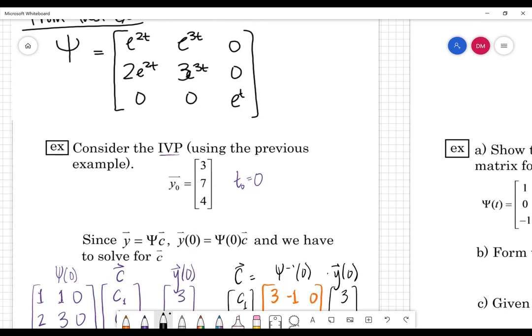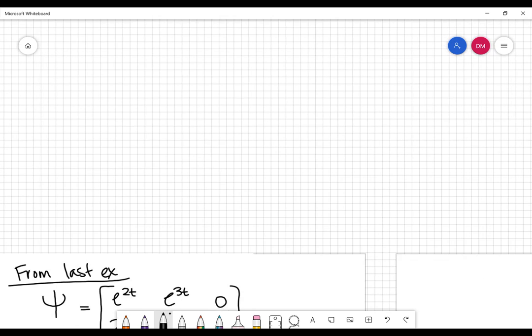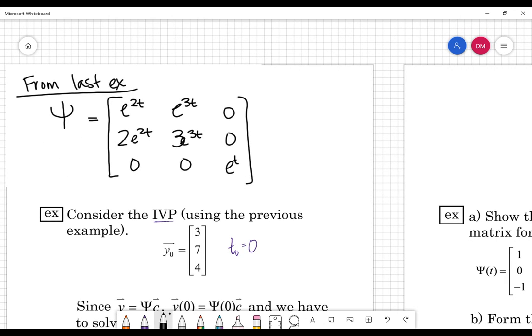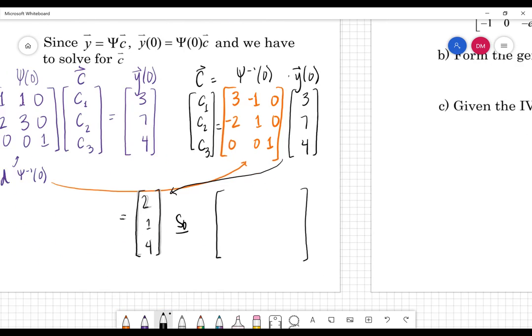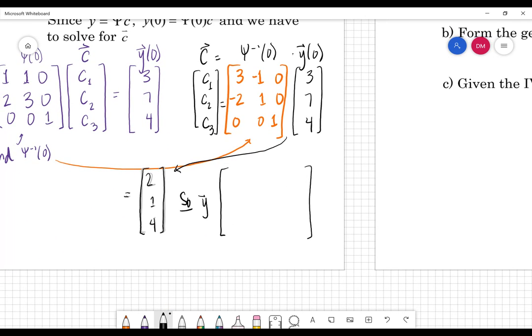But that is okay because remember that if we took this, it was multiplied by C. So it was C1, C2, C3. We now have C1, C2, and C3. So remember, C1 was equal to 2, C2 is equal to 1, C3 was equal to 4. So essentially now we're just going to do the matrix multiplication with these two matrices to get our final answer for y. So y, we can write in this matrix format like this.